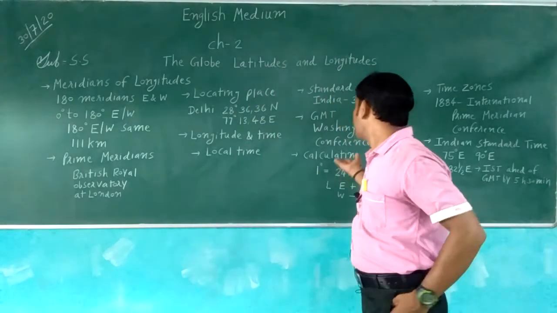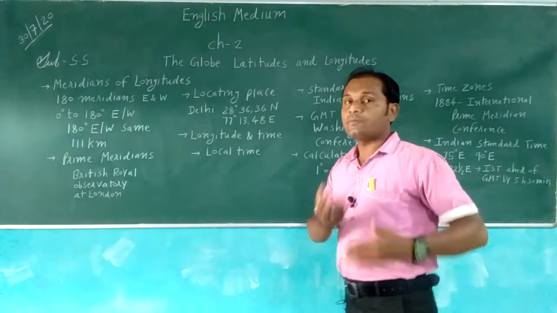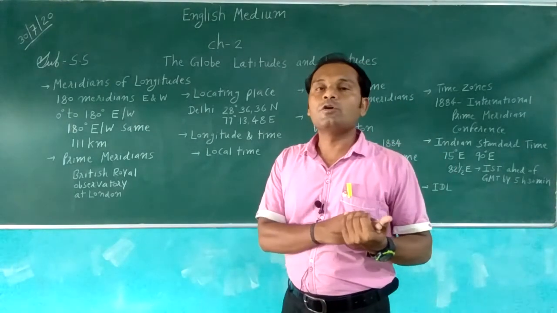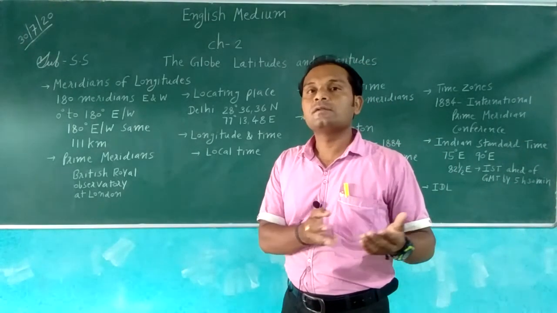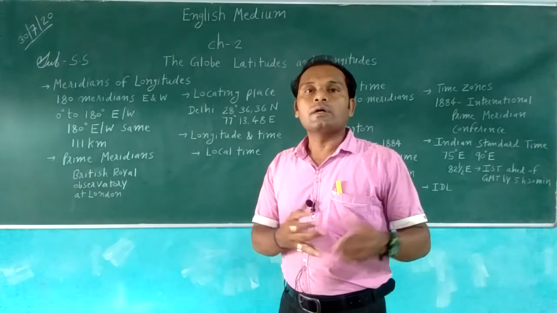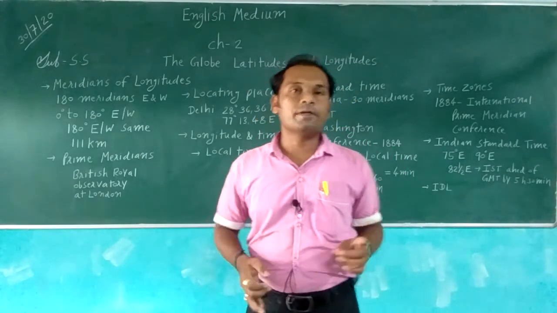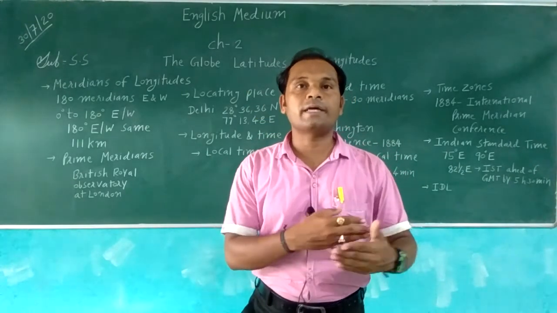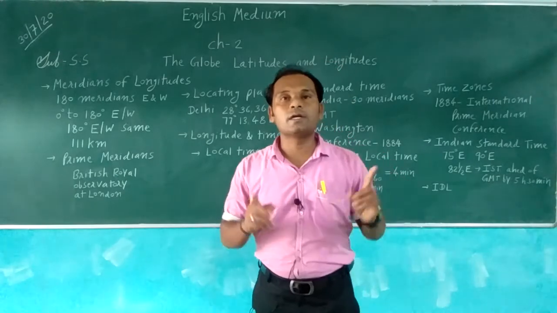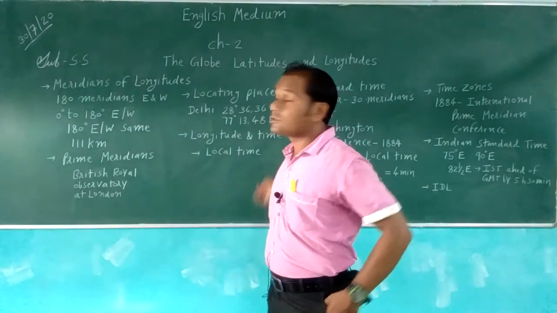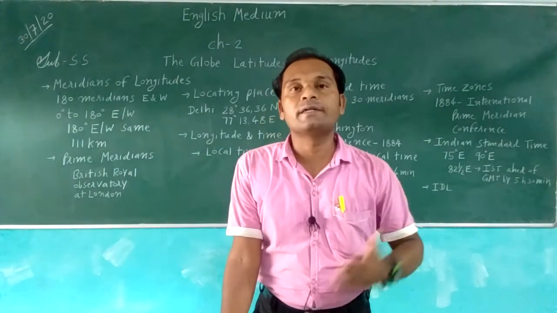GMT. Then the 24-hour clock emerged, because there was a problem deciding the time for different meridians. In different meridians they have different timings, so it was very difficult to decide the timing. So they decided on GMT, Greenwich Meridian Time.